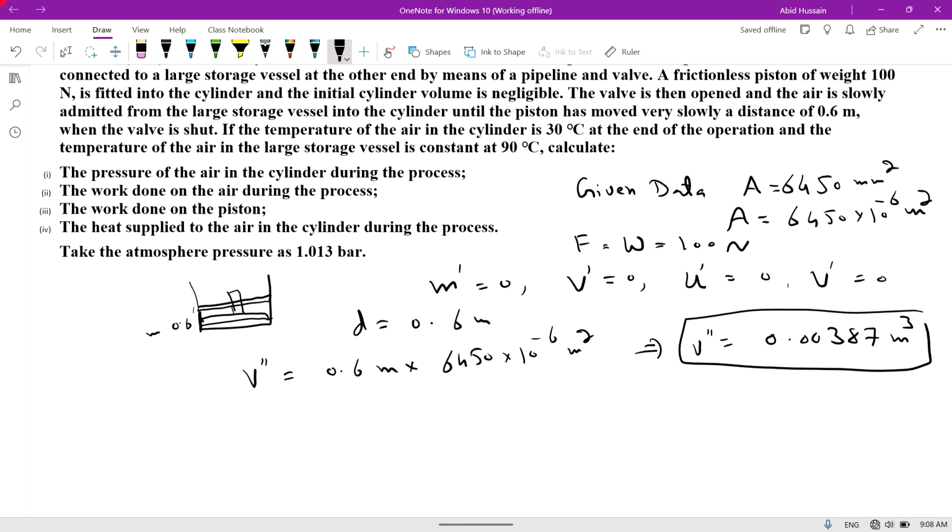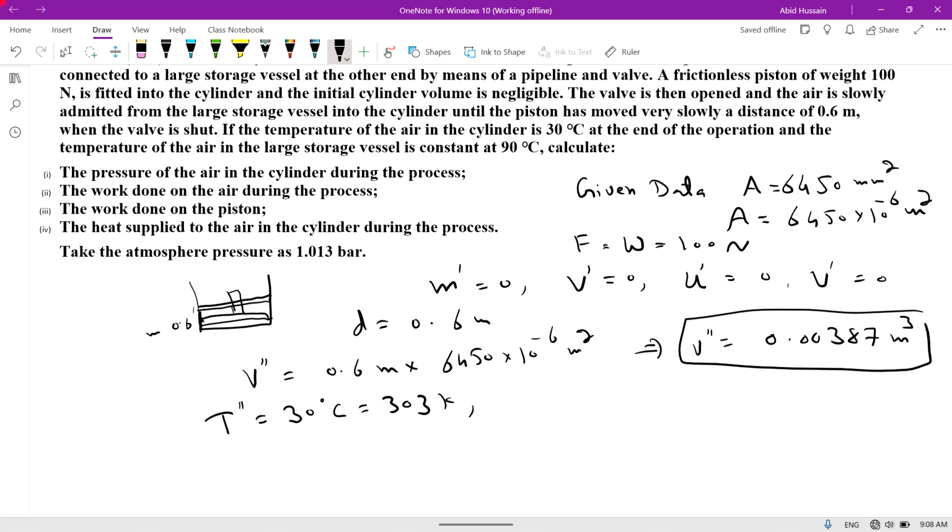Now, when the wall is shut, the temperature of the air in the cylinder is 30 degrees centigrade. This is T double dash. 30 degrees centigrade plus 273 converts to Kelvin as 303 Kelvin.